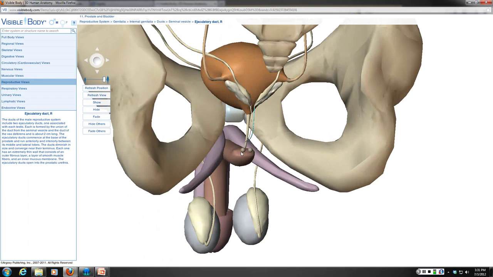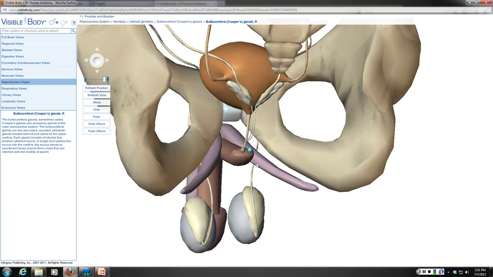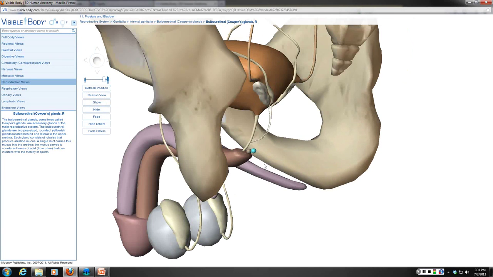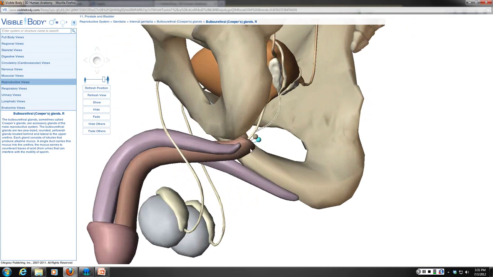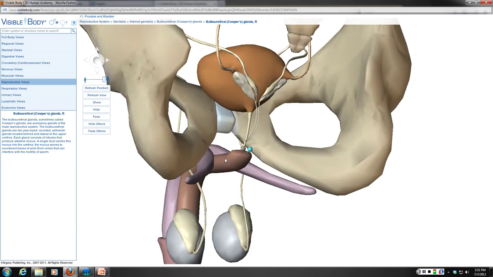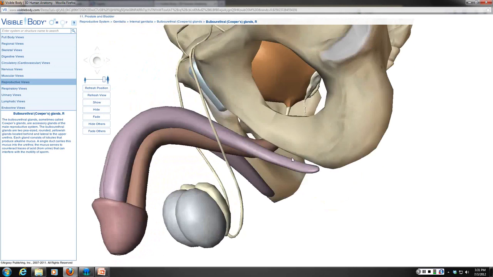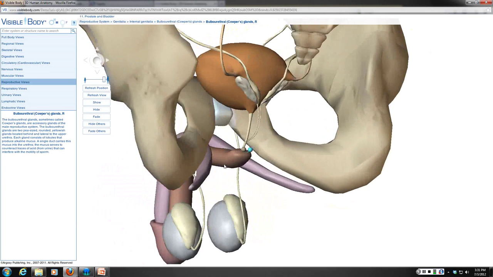All right, then here are your two little bulbourethral glands that produce the pre-ejaculatory fluids that provide lubrication and also help neutralize the pH along your pathway of the urethra through the penis, so that the sperm cells will be a little happier in the environment.